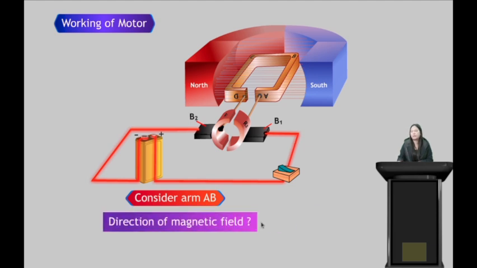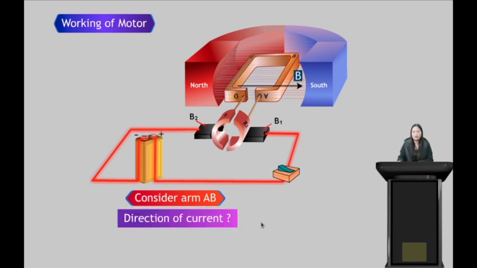So, what is the direction of magnetic field in arm AB? The direction of magnetic field remains the same because it is from North Pole to South Pole. So the direction of magnetic field in arm AB is in this direction as shown. Then the direction of current in arm AB is, let us observe, in this direction.